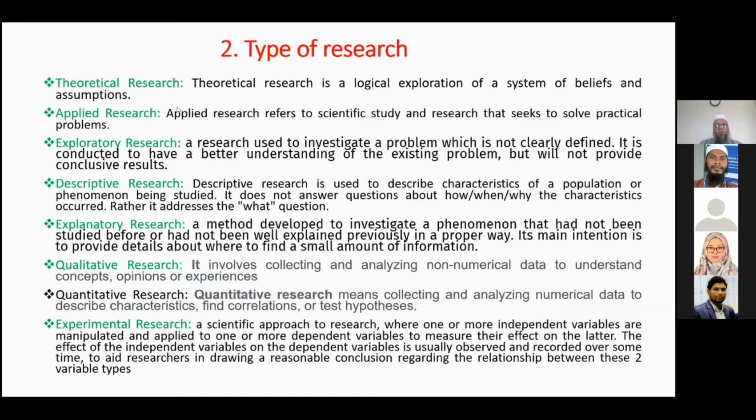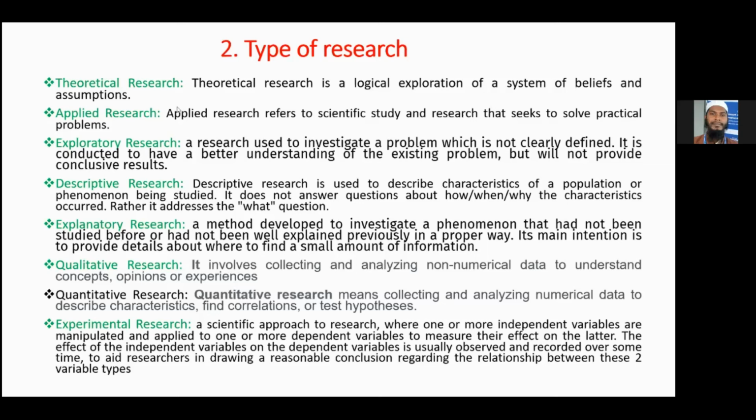Quantitative research means collecting and analyzing numerical data to describe characteristics, find correlations, or test hypotheses. And experimental research is a scientific approach which is laboratory based, or not only laboratory. If you have a control group and non-control group, then we observe what changes come.